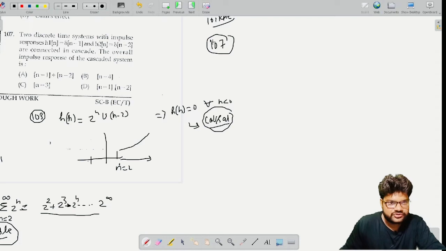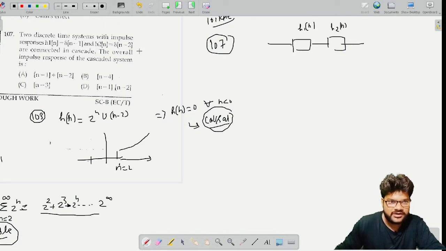Two discrete time systems with impulse responses h1[n] and h2[n]. We are given h1[n] as delta of n minus 1, and h2[n] as delta of n minus 2. These two are cascaded. So we have two systems, both cascaded, right? This is h1[n] and this is h2[n].